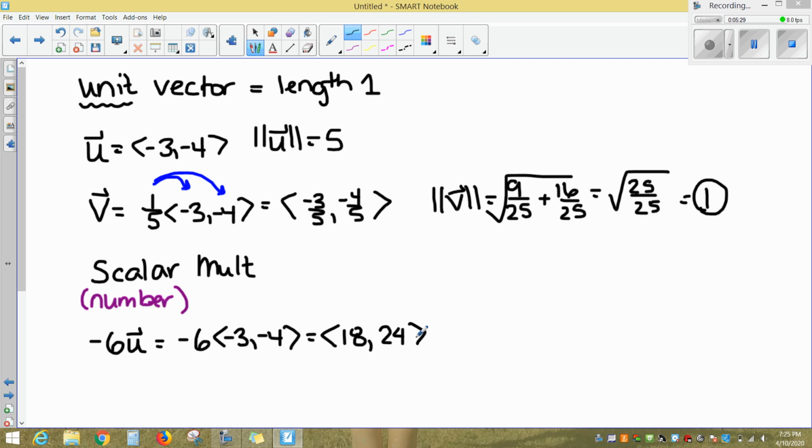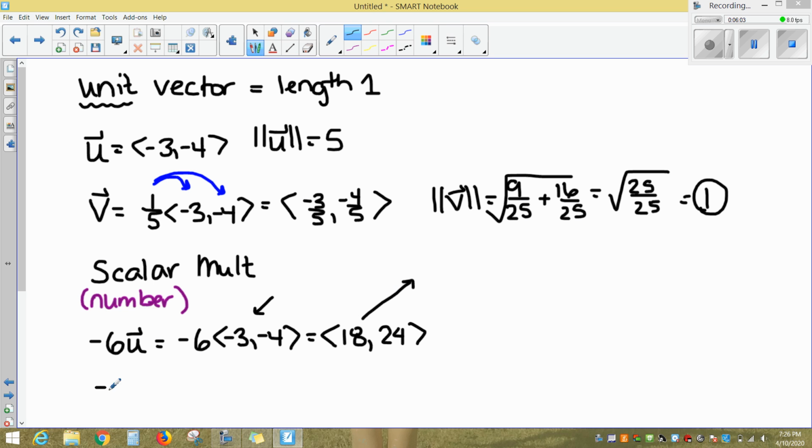Multiplying by a scalar doesn't change the direction the vector is moving, it just changes its magnitude. The vector -3, -4 was going in this direction. If we multiply that vector times -6, it's going to go in the same direction, only in reverse. It's going to be 6 times the length as it was before, pointed in the opposite direction.